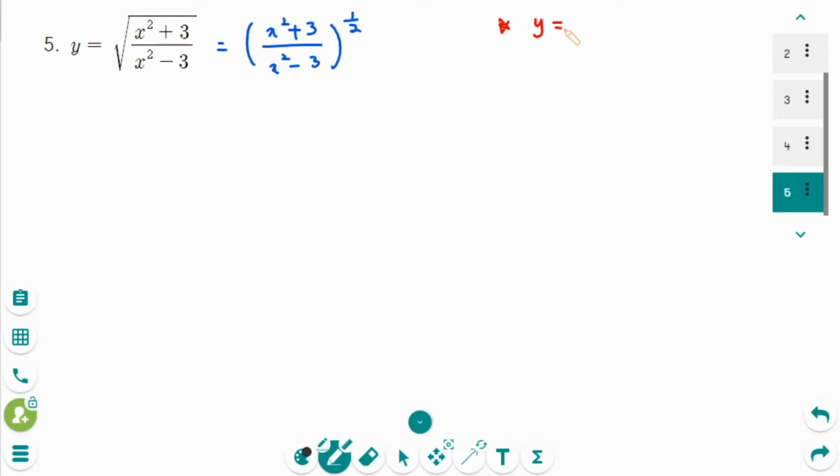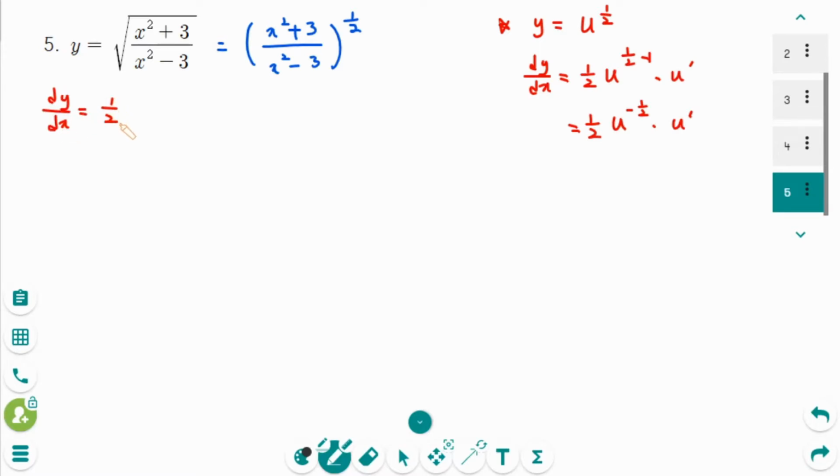If y equals u to the power of 1 over 2, then dy/dx equals 1 over 2 u to the power of 1 over 2 minus 1 times u prime, which is 1 over 2 u to the power of minus 1 over 2 times u prime. So dy/dx equals 1 over 2 u to the power of minus 1 over 2 times u prime.